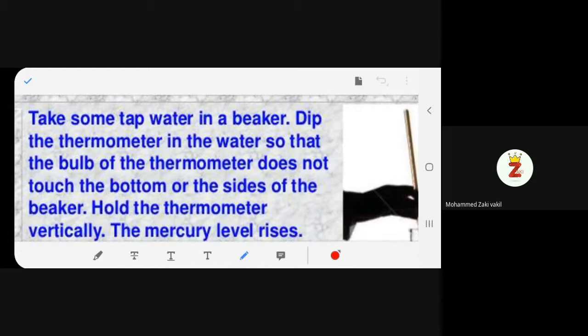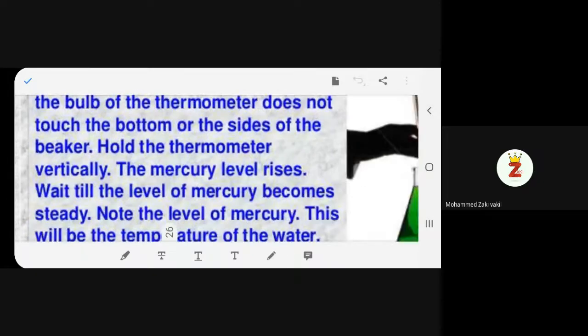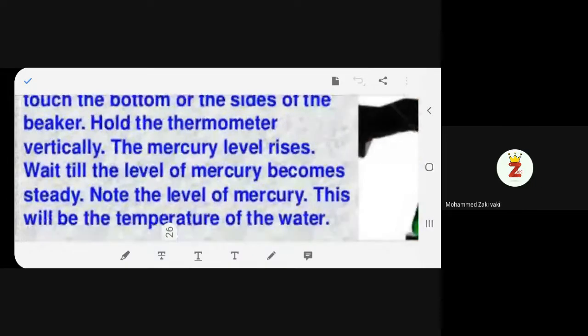For that, you have to hold the thermometer vertically, straight. What you see? The mercury level will rise. Then this mercury level will not keep on rising. After some time, it will become constant. It will become steady. What is the meaning of steady?